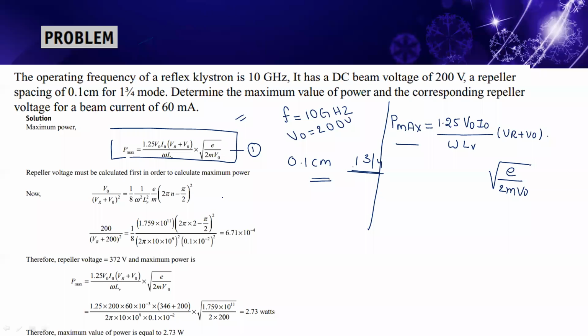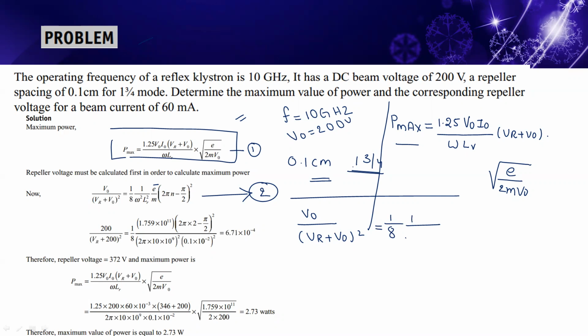From the given data, what is our observation? The repeller voltage must be calculated in order to calculate the maximum power. So this is equation number 2, which we already know from the previous equation: V naught by V R plus V naught, squared, equals 1 by 8 times 1 by omega square L square times e by m.